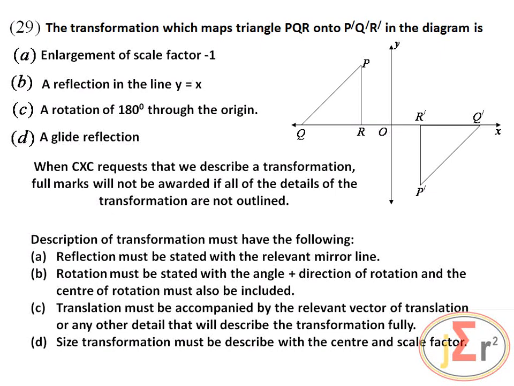Size transformation must be described with the center and the scale factor. If not, we have not described those transformations. So measure our option against this necessary and sufficient information.